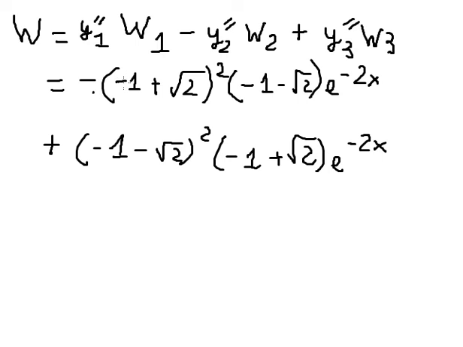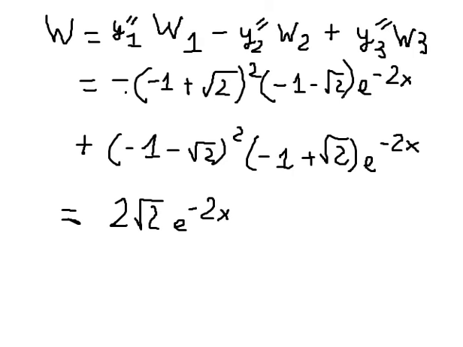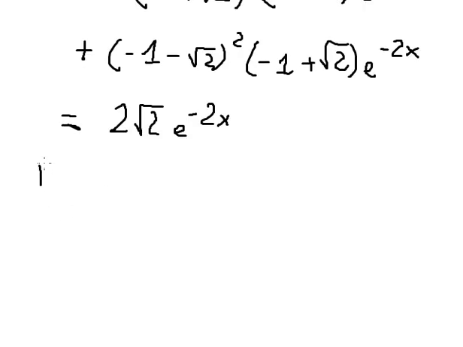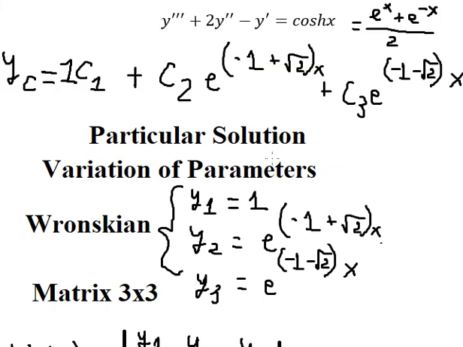Now we need to simplify this one. We have number 2 with the square root of number 2, e to the power of negative 2x. Now we need to find capital F of x. That is about this one in here.